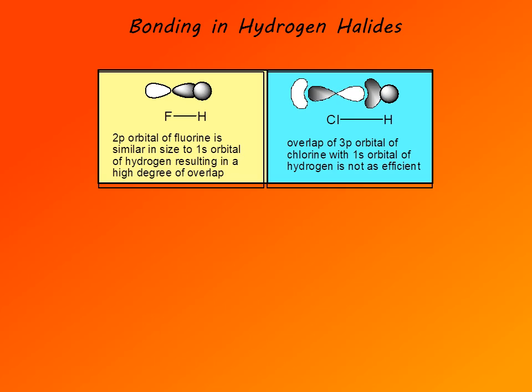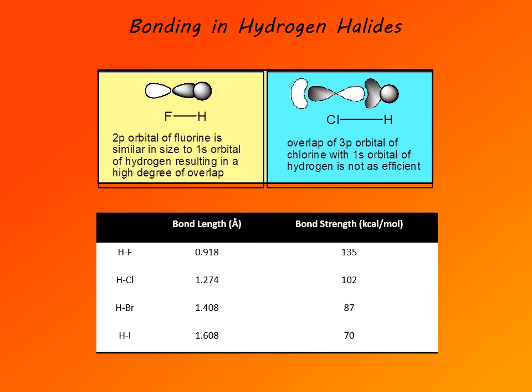One is in phase with hydrogen and can form constructive overlap, form a bond with hydrogen, but the other one is out of phase and cannot constructively overlap with hydrogen's orbital to form a bond. So the result is much longer and much weaker bond. And then that trend continues going to bromine, which utilizes 4p orbital, and iodine, which utilizes 5p orbital. So as we go down the group of the halogens, bonds to hydrogen become progressively longer and weaker.